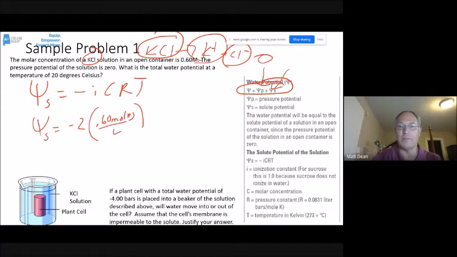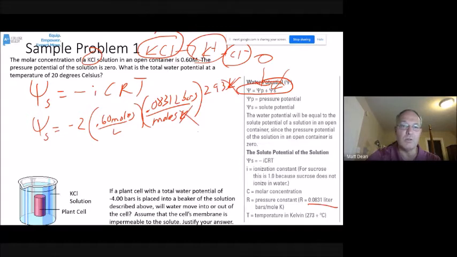So now we need to multiply that by the R, the pressure constant, which is right here, 0.0831 liter bars over moles times K. And then we need the temperature. So our temperature is 20 degrees Celsius. Remember, we need to add 273 to that, to give us 293 degrees K. Let's cancel out units.